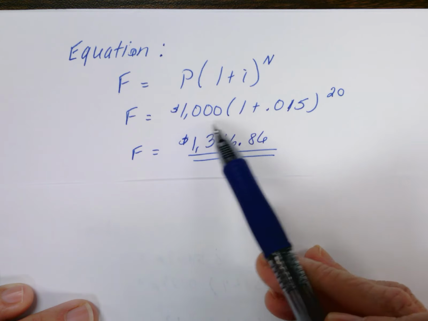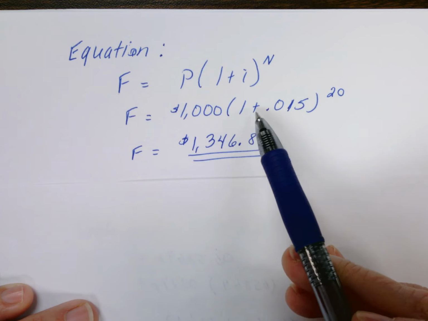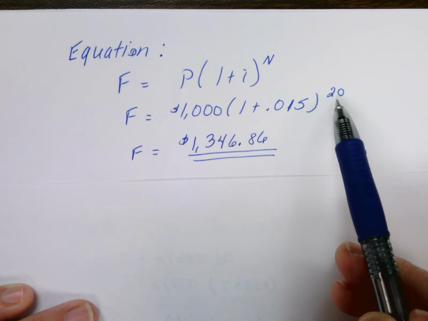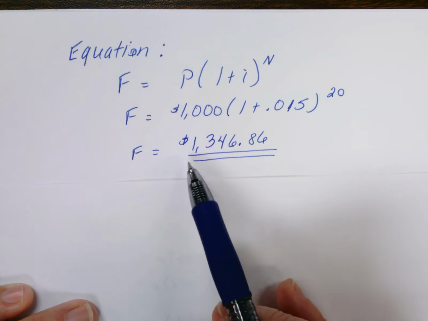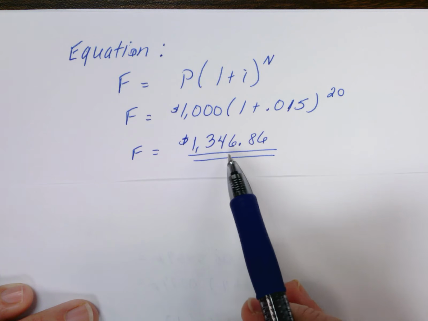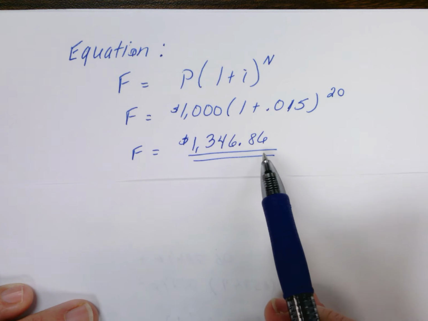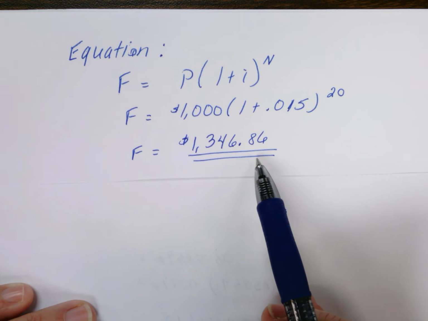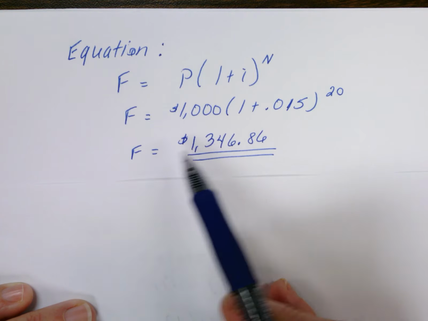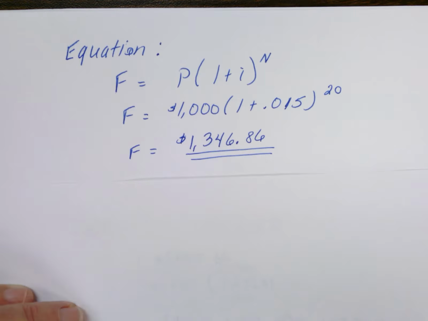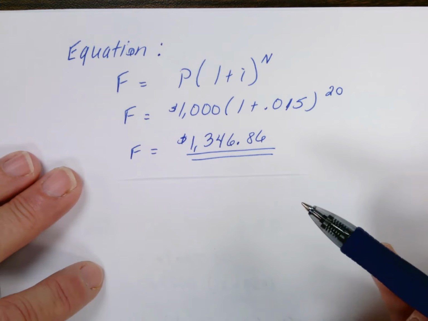So we have $1,000 times 1 plus 0.015 raised to the power of 20. Doing that on my calculator, I get a future value of $1,346.86 at the end of 5 years. That's what will be in the investment. We started with $1,000 present value. The future value is $1,346. All right, that's fine. You can do that with a calculator.